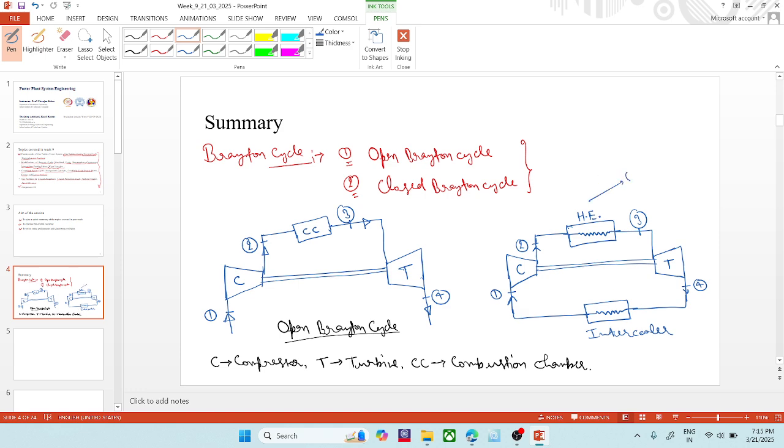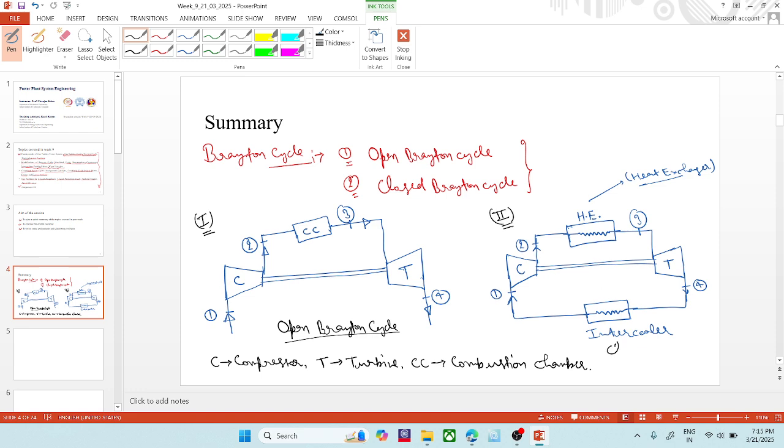This is HE, which means the heat exchanger. This is the heat exchanger, and this is the type of closed Brayton cycle. This is kind of first, and this is kind of second.